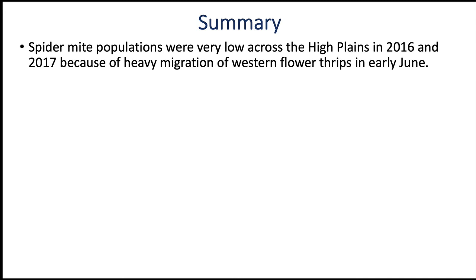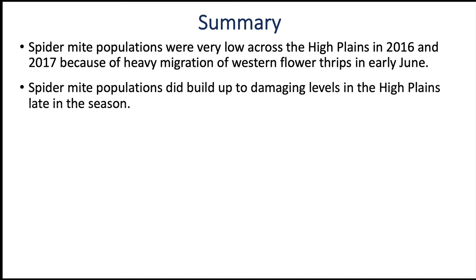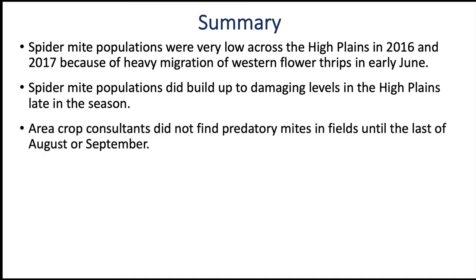Now, during the season, area crop consultants that were scouting other fields did not find any predatory mites in their fields until the very last of August and the early part of September. So because we had made releases of the predatory mites in the fields that we had, we were able to get the predatory mites established much earlier in the season.